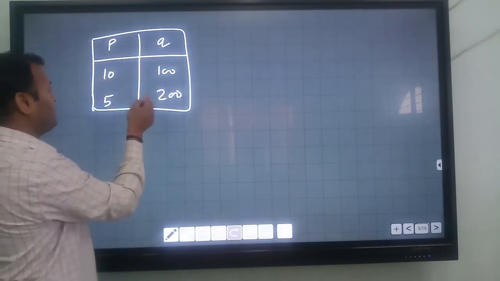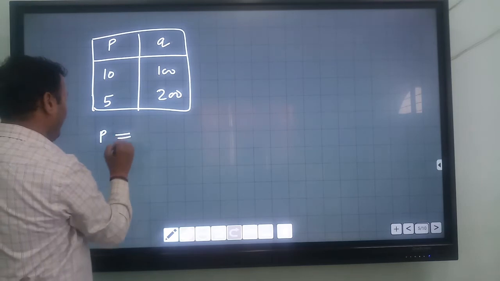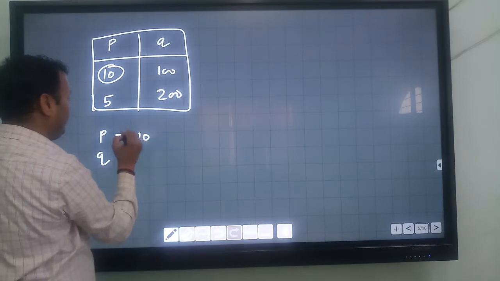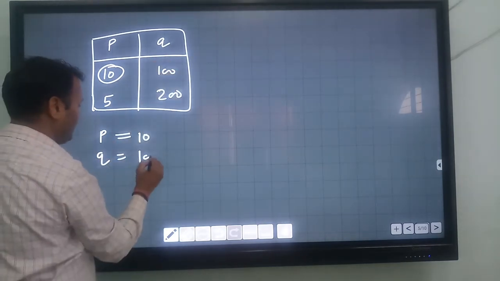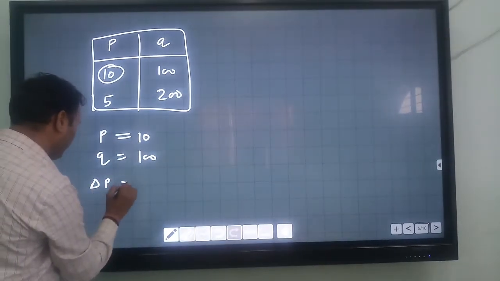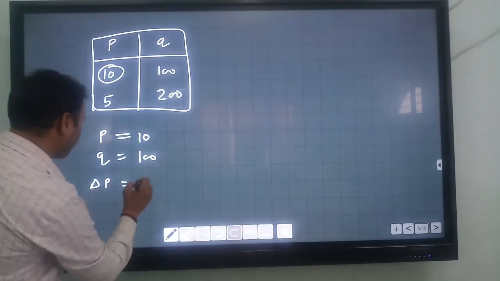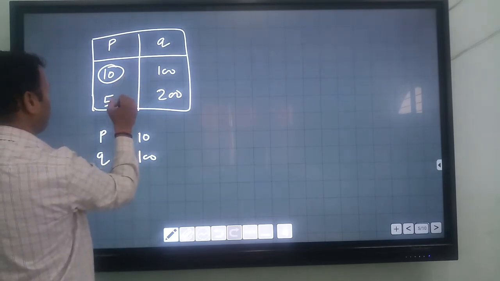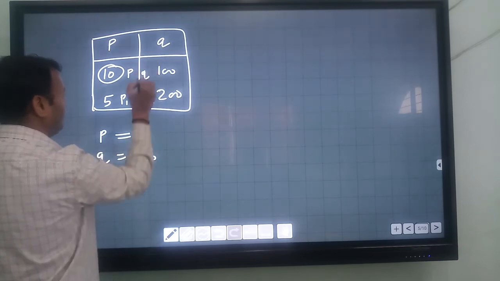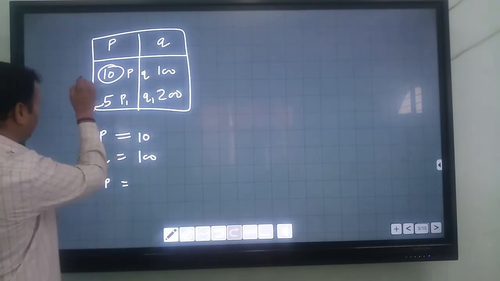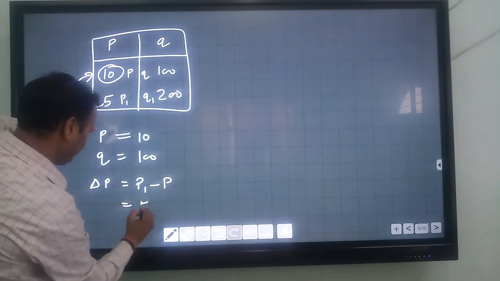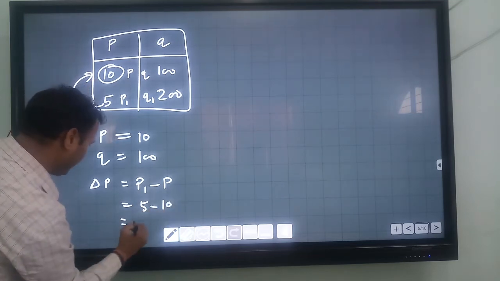Now, what is the initial price P and the initial quantity Q? The initial price is 10 and the initial quantity is 100. Now we have to calculate the change. Suppose the new values are P1 and Q1. Delta P is P1 minus P, so 5 minus 10, which gives minus 5.